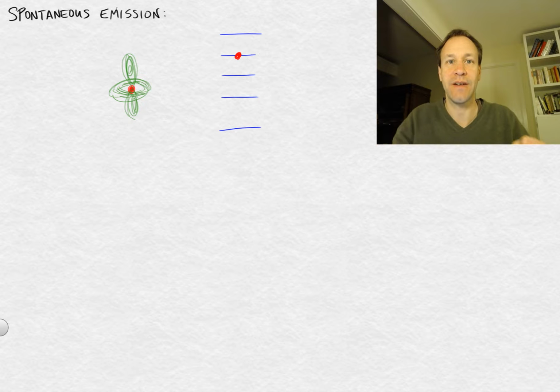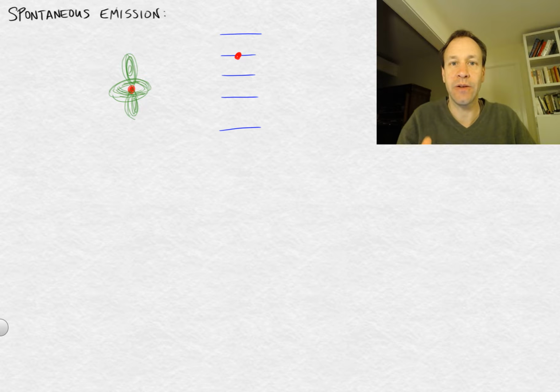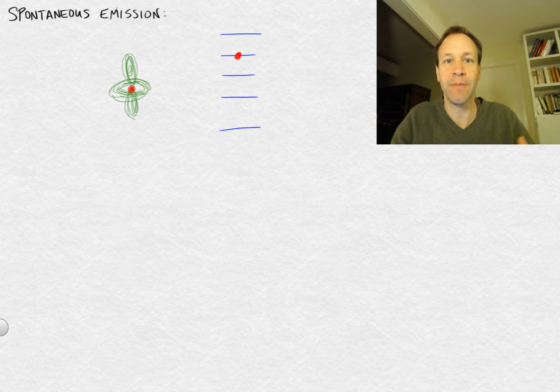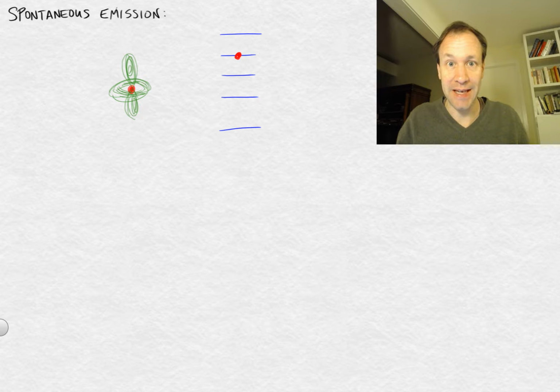So even if you just have an atom or molecule all by itself, not interacting with anything, that atom can make a transition down to a lower energy state. And then where does the energy go? Well, it gets emitted in the form of electromagnetic radiation, or a photon if we're thinking about that quantum mechanically.